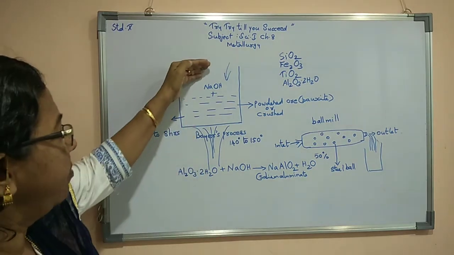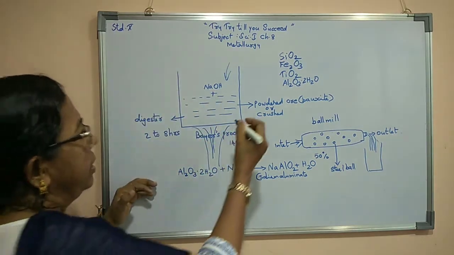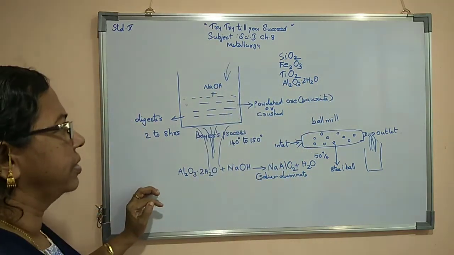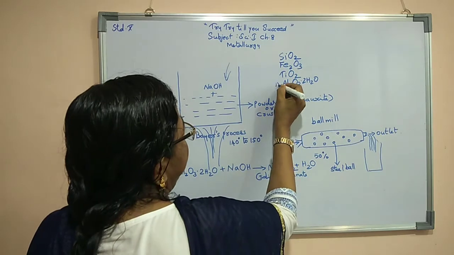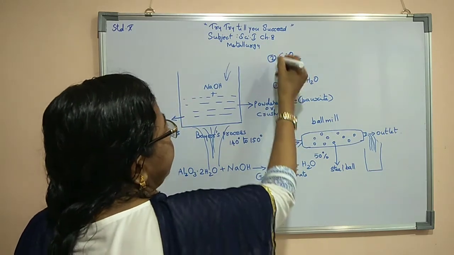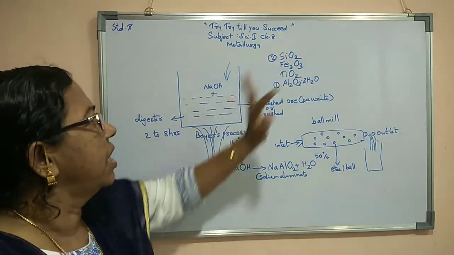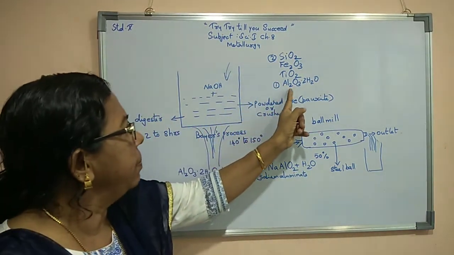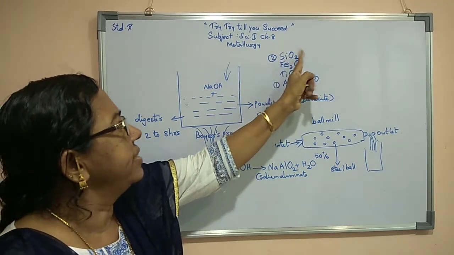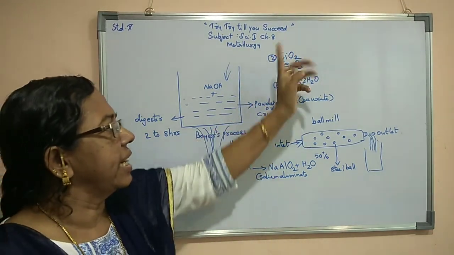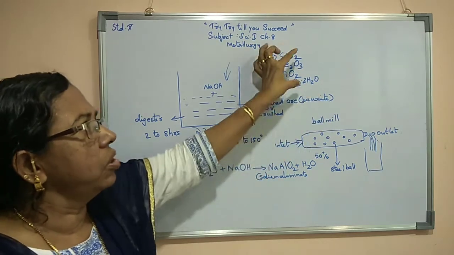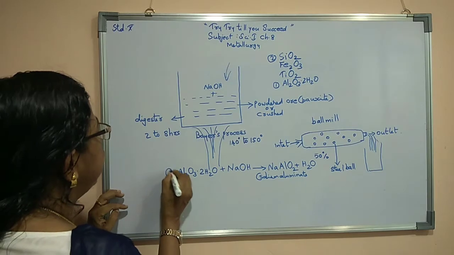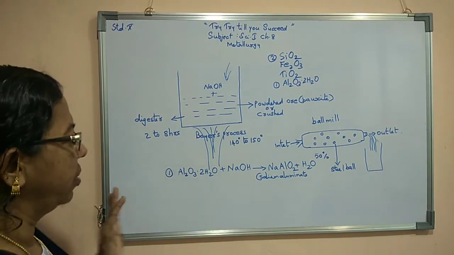Now, as and when we add sodium hydroxide, this aluminium oxide will dissolve inside the sodium hydroxide. The second thing, silicon dioxide or silica, also will dissolve inside the sodium hydroxide. So aluminium oxide and silicon oxide, both of them can dissolve in sodium hydroxide. One thing I showed here, aluminium oxide dissolves in sodium hydroxide.